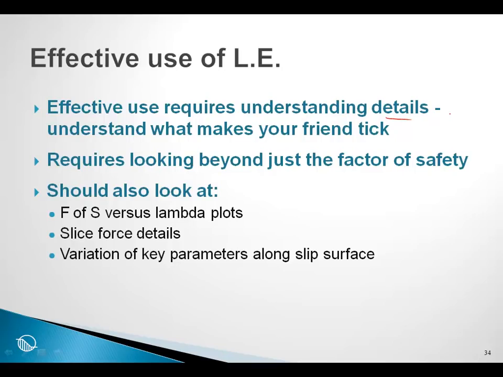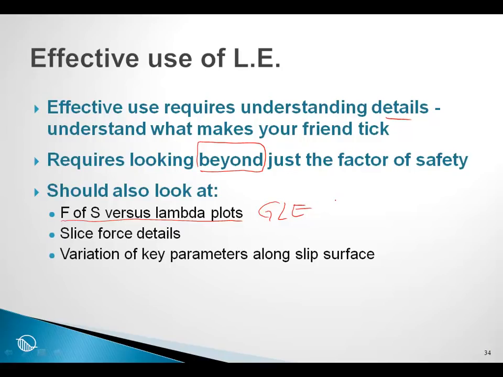To make effective use of SLOPE/W requires looking beyond just the factor of safety. You cannot simply look at the factor of safety and say, I'm done. There is more to the interpretation than that. You should, for example, look at factor of safety versus lambda plots, the GLE plot.